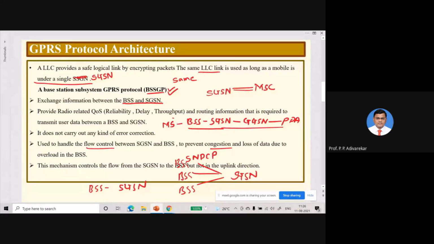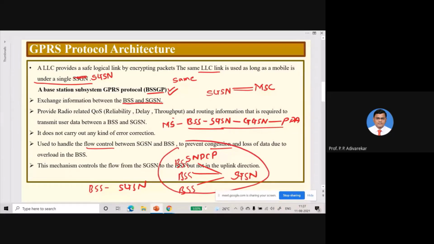In the uplink direction, there will be no such problem, and that's why flow from BSS to SGSN is not controlled and SGSN to BSS is controlled. So flow control works only in the downlink direction and not in the uplink direction. You should remember that.